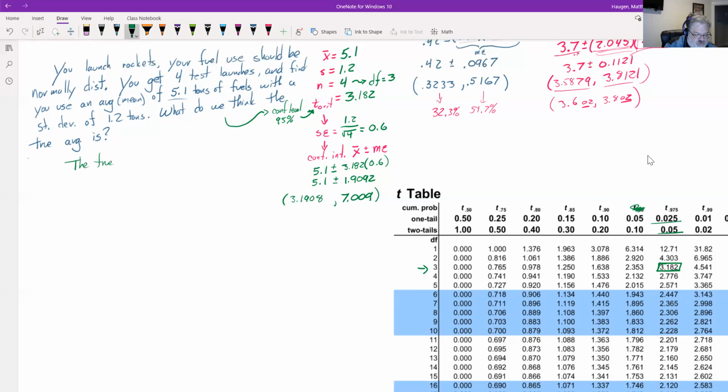The true average is somewhere between, I'm going to say 3.2 tons and 7 tons. Just to arbitrarily round.